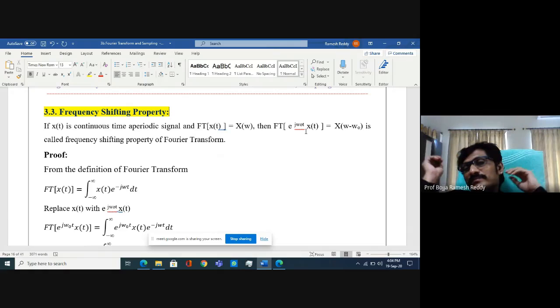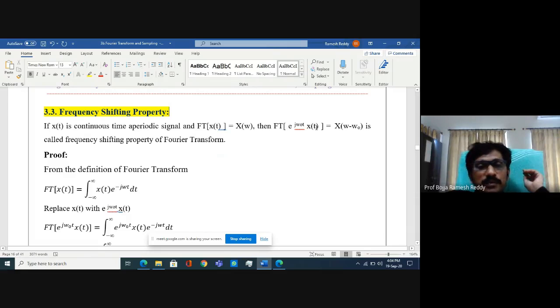Opposite to that, if the frequency domain signal is shifted to some other position, then in the time domain take the product of the exponential term e power j omega naught t and x of t, opposite to the previous property.